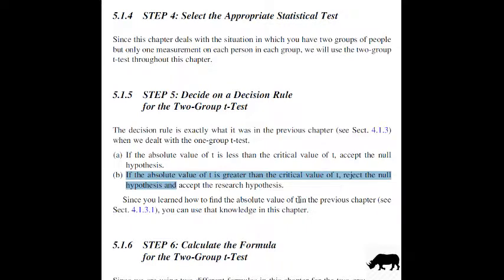B. If the absolute value of t is greater than the critical value of t, reject the null hypothesis and accept the research hypothesis. Since you learned how to find the absolute value of t in the previous chapter, you can use that knowledge in this chapter.